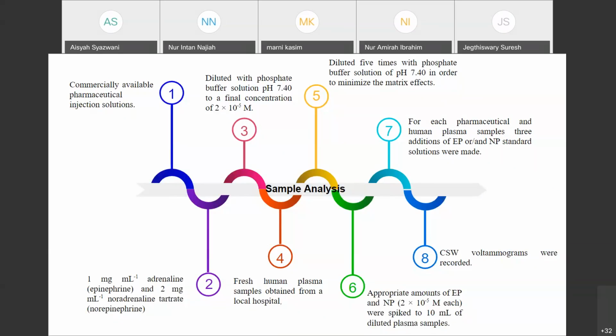Like I said before, the fresh human plasma samples obtained from local hospitals were diluted 5 times with phosphate buffer solution of pH 7.4 in order to minimize the matrix effect. Then an appropriate amount of EP and NP was spiked into 10 ml of diluted plasma samples. For each pharmaceutical and human plasma sample, 3 additions of EP and NP standard solution were made, and CSW voltammograms were recorded.